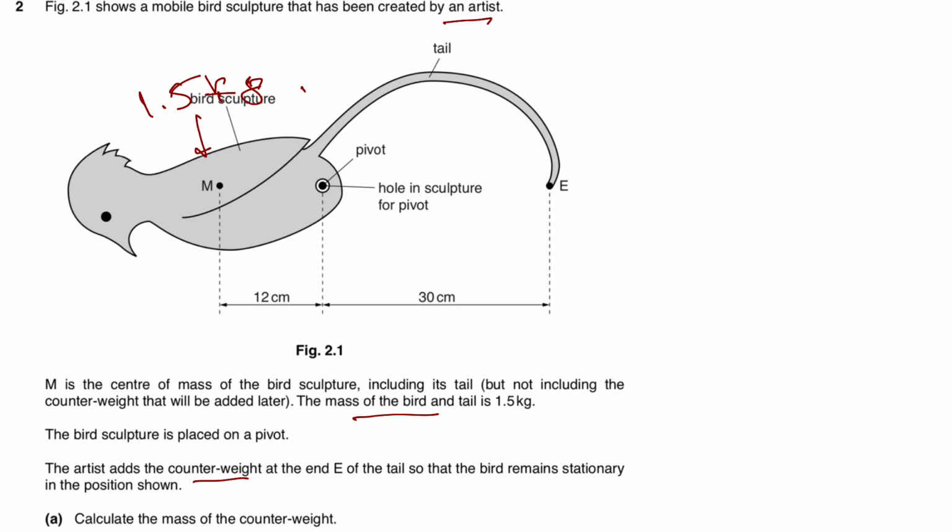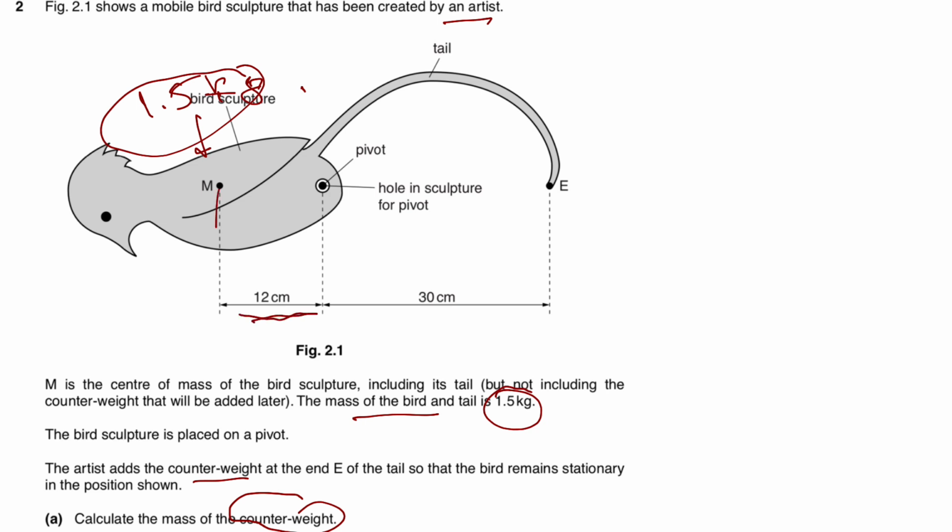Calculate the mass of the counterweight. So we want to find the mass of the counterweight which has not been added yet. How can we calculate it? We will use the moment formula. As you can see, we know the mass of this bird is 1.5, and the perpendicular distance here is 12 centimeter.